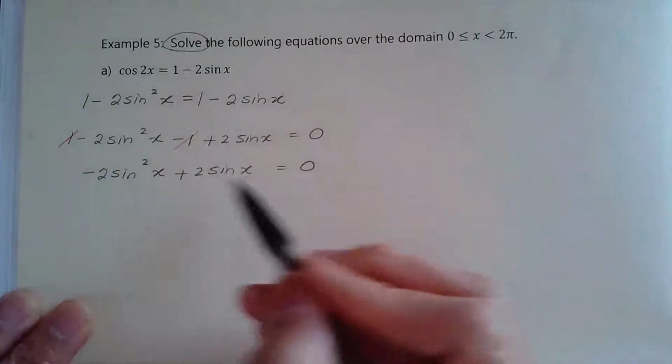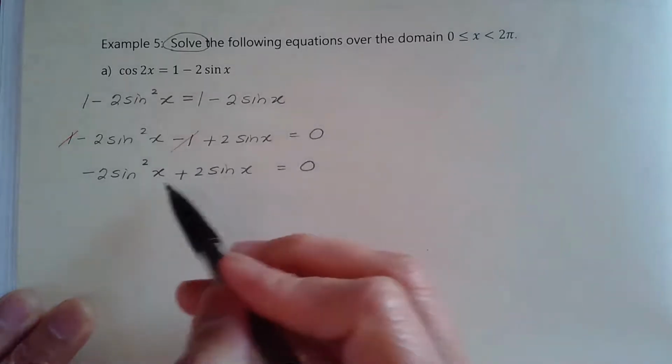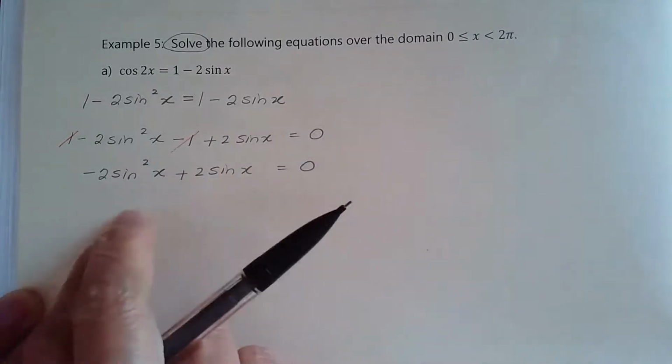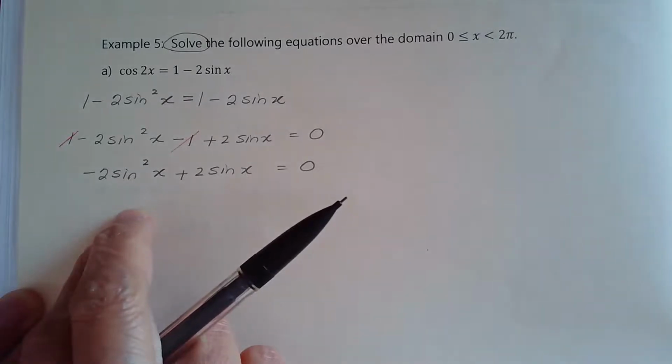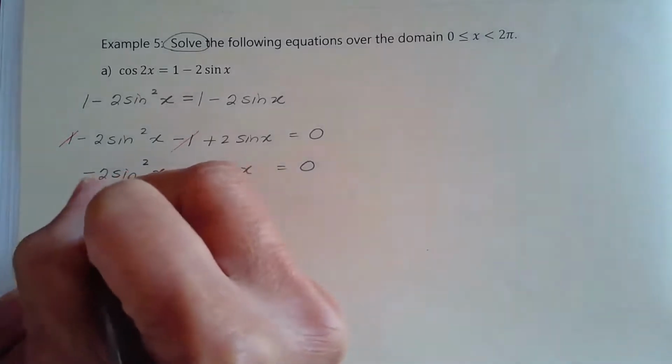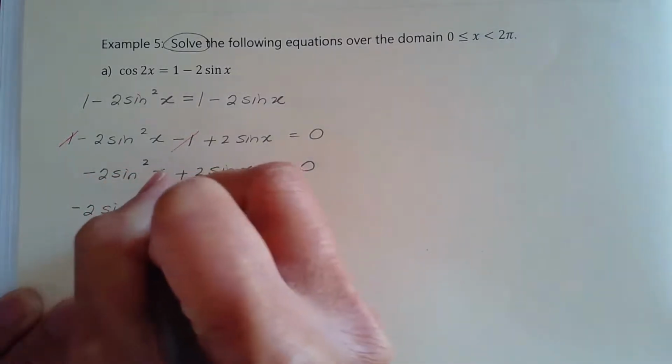So what can we do? Well, we can factor out a common factor. We can factor out a common factor of negative 2 sine of x.